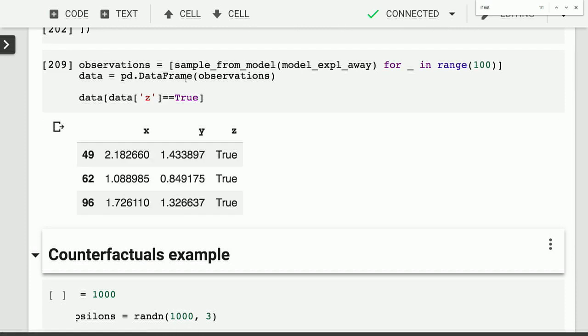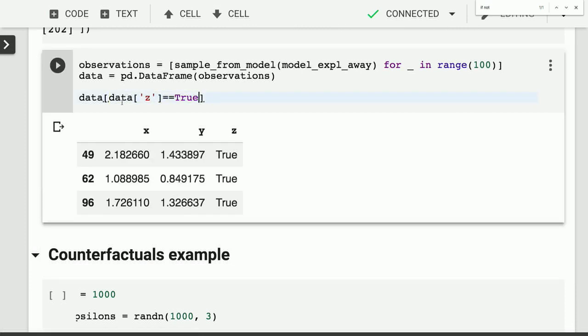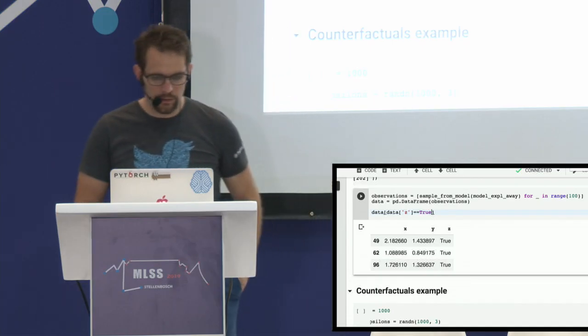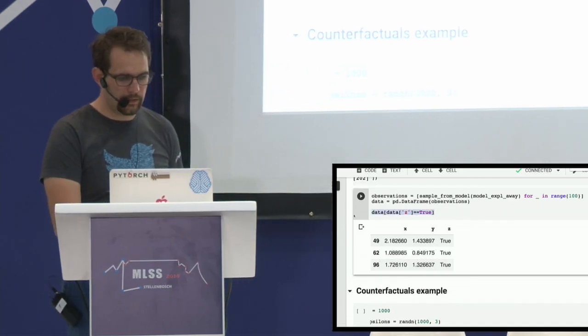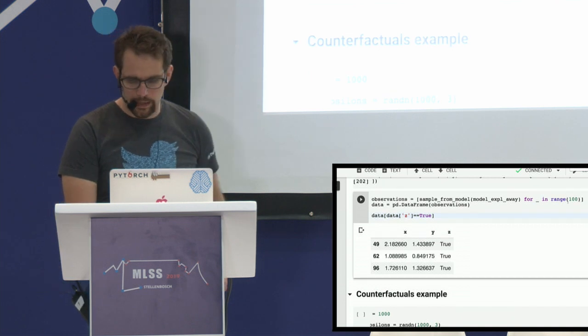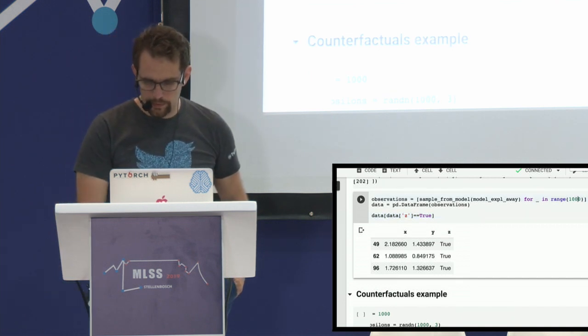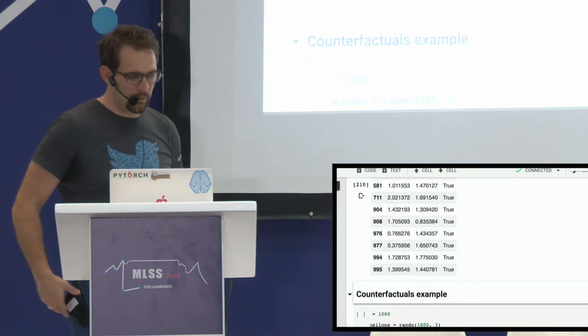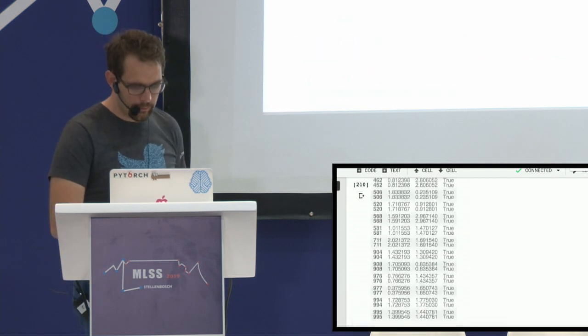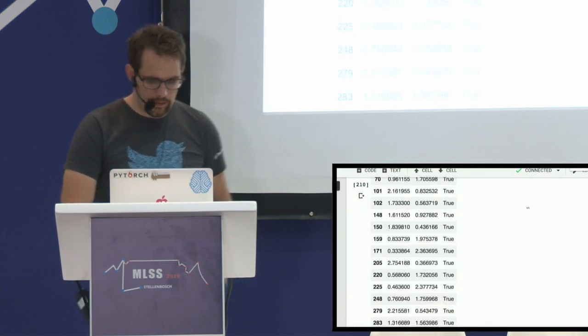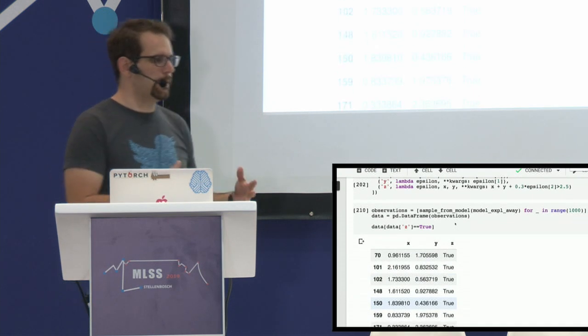What this does is essentially filter this database to only keep the values where z equals true. So this is essentially conditioning on z being true. I can do that in pandas by doing this. And if I have a few more of these examples, then I'm going to be left with maybe more than three examples. So now this is after a sampling bias.